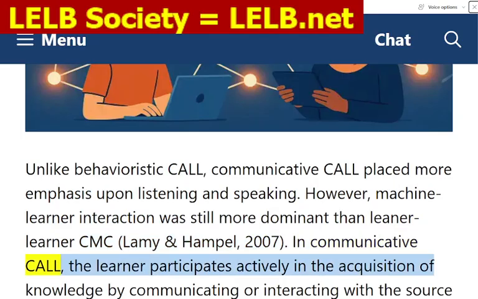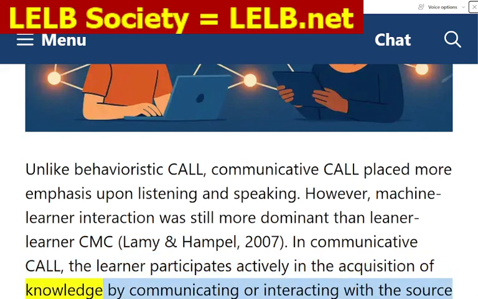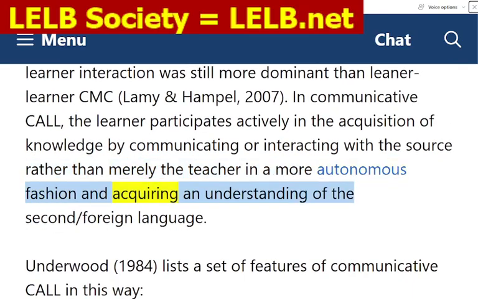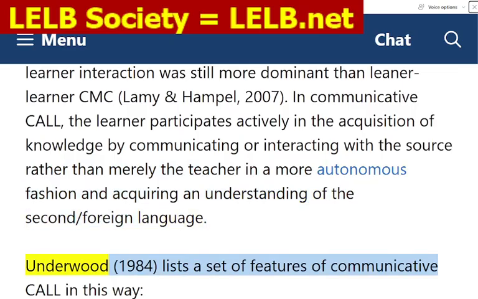In communicative CALL, the learner participates actively in the acquisition of knowledge by communicating or interacting with the source rather than merely the teacher in a more autonomous fashion and acquiring an understanding of the second/foreign language. Underwood, 1984, lists a set of features of communicative CALL in this way.